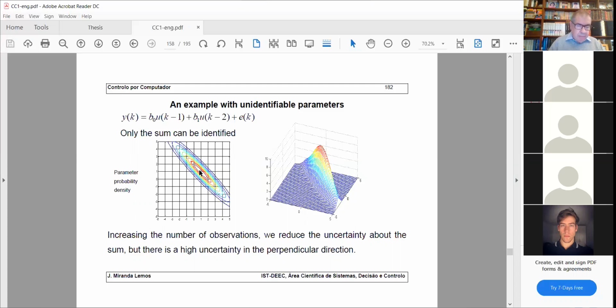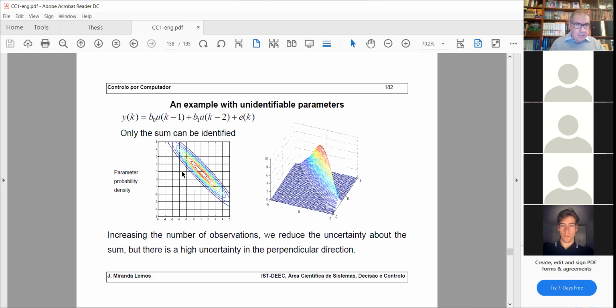But anyway, it was some value, with some P. Now, in this case, I have 2 parameters, b0 and b1. So my functions are 2-dimensional. They exist in a 2-dimensional plane, and the probability density function exists, of course, in a 3-dimensional space.